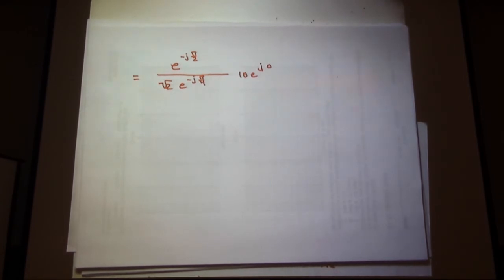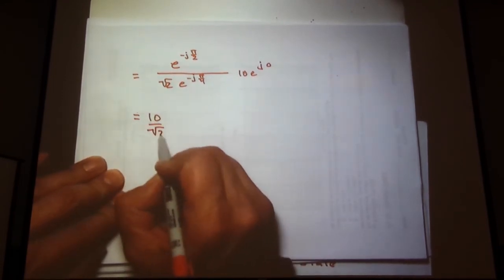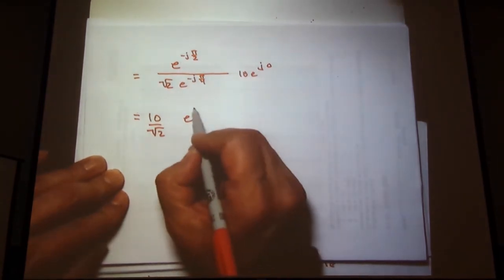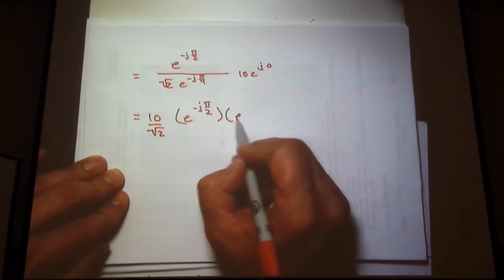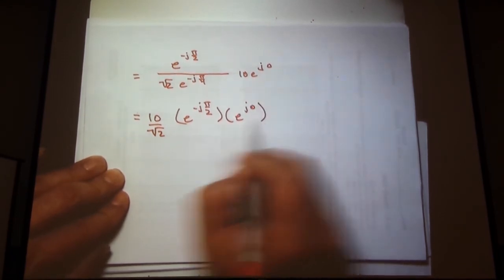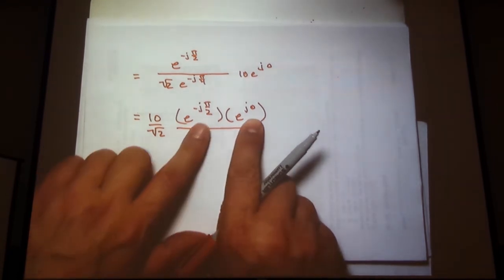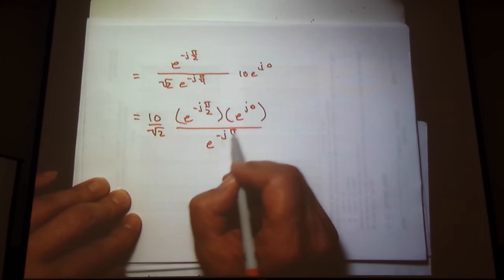Well, looking at this, we can rewrite this now as 10 over square root of 2, e to the minus j pi over 2, e to the j 0. What do we do with exponents that we multiply? We add them. e to the minus j pi over 4.